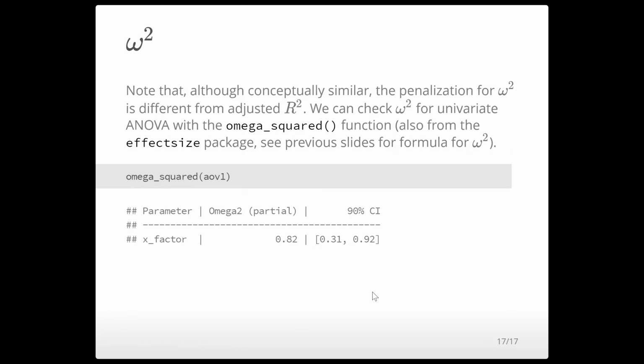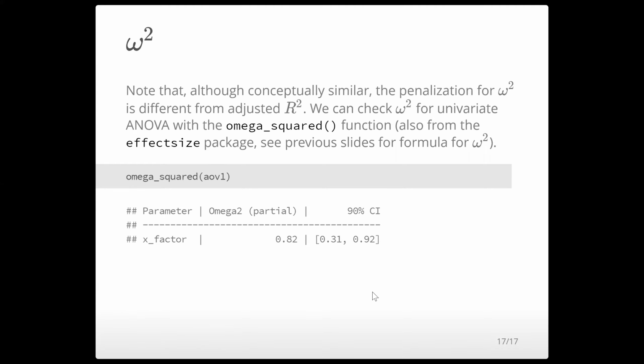But while R squared and eta squared are identical, adjusted R squared and omega squared are not identical. Remember, omega squared is conceptually similar to adjusted R squared. It's a penalized version of eta squared, but it has a different penalty. You can go back to some of the old slides and see what the penalty for omega squared was.